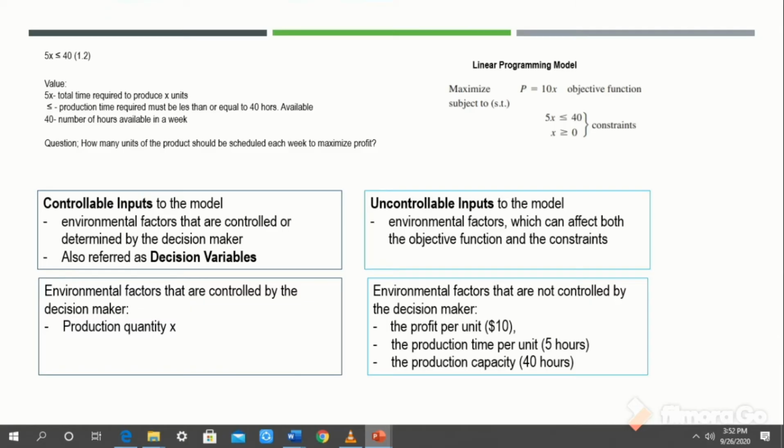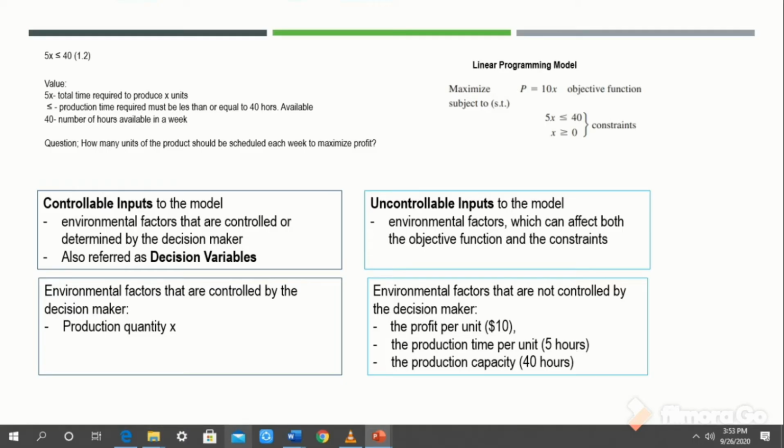And then, for uncontrollable inputs, ni siya mga inputs nga beyond your control but can affect the objective function and the constraints. For example, ang profit, given naman ang profit nga 10, so di na ma-adjust. And then production time per unit, di mo pwede ma-adjust, kaya 5 hours ra ang magamit every product.